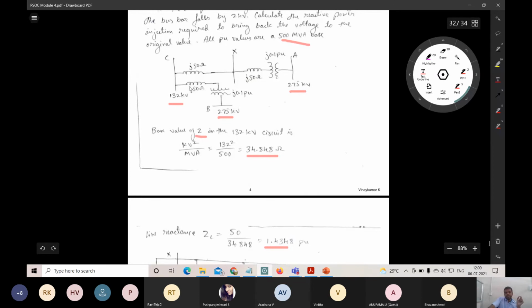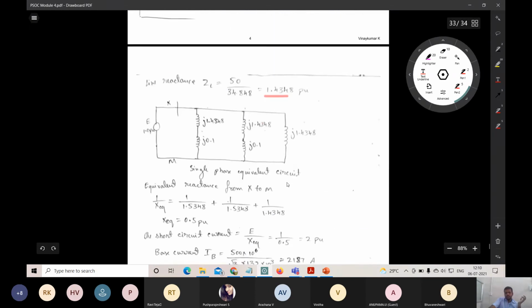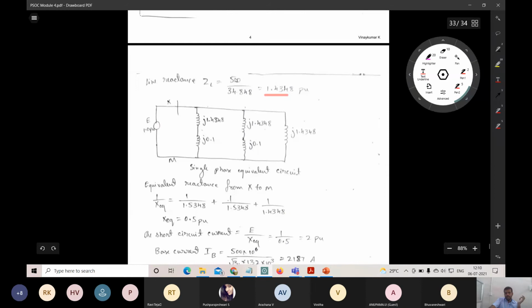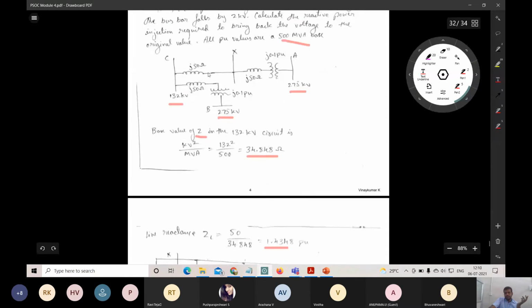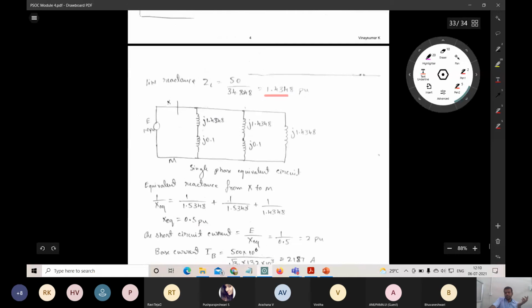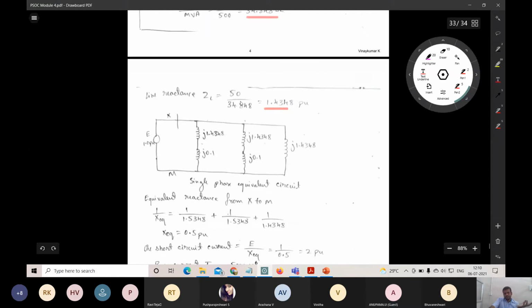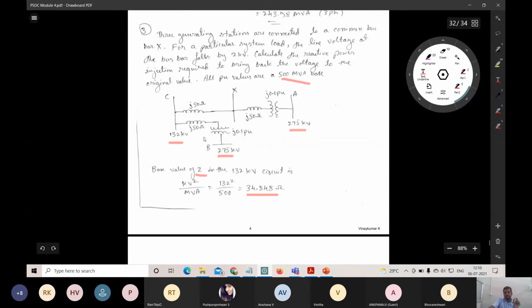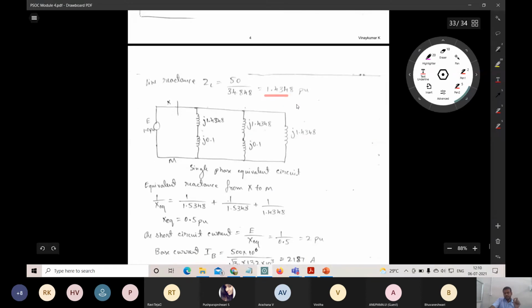One advantage is that he has given the same line reactance in all the buses, 50 ohm each. If the values are not the same, you have to follow the same procedure. For example, if they are 40, 30 and 50, I have calculated for 50; again calculate the same for 40 and 30: 40 divided by 34.848, 30 divided by 34.848. That is the calculation of line reactance ZL.